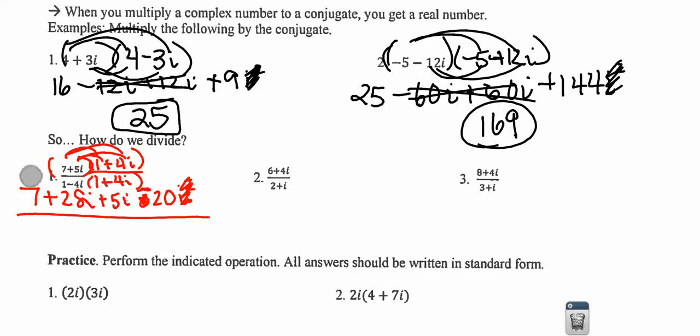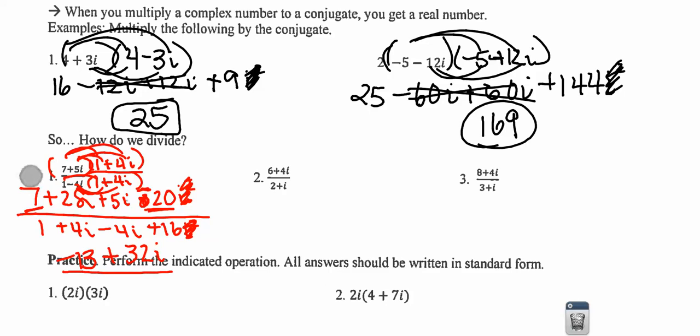So now I'm going to distribute the bottom. 1 times 1 is 1. 1 times 4i is 4i. Negative 4i times 1 is negative 4i. And negative 4i times 4i is negative 16i squared. I'm going to scribble out i squared and change the sign. So now I'm going to clean some stuff up. 7 and negative 20 make negative 13. 28i and 5i make 32i.